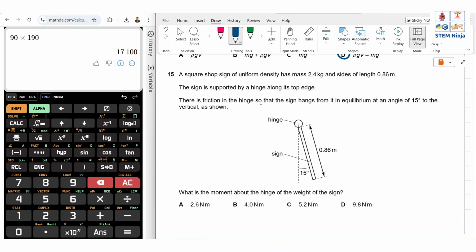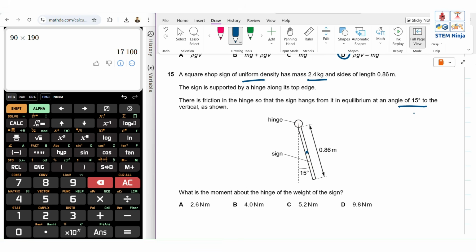A square shop sign of uniform density has a mass of 2.4 kg and sides of length 0.86 meters. Uniform density means that its center of gravity is at the exact center. The sign is supported by a hinge along its top edge. There's friction in the hinge so that the sign hangs from it in equilibrium at an angle of 15 degrees to the vertical.